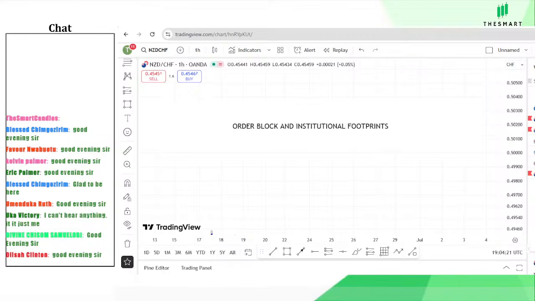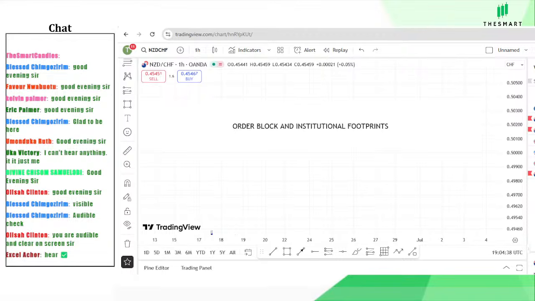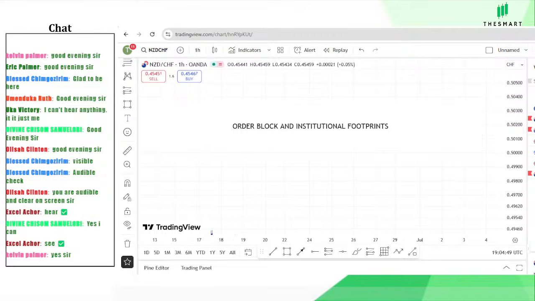Audible. Okay, audible check. All right, so today is day 4, if I'm not mistaken. Today we'll be looking at order blocks and institutional footprints in the market.